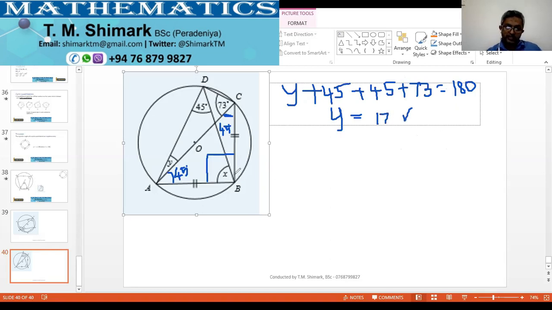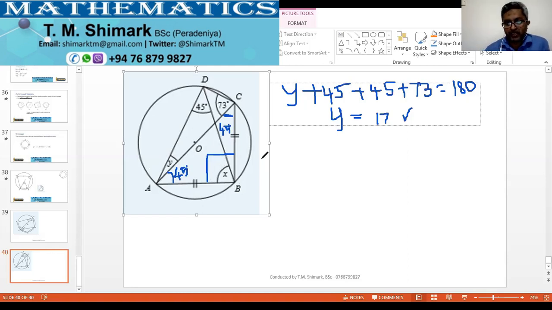Then x, how would you find out? The way out for x is what? ADB. ADB is a triangle, right? ADB is a triangle, which means we got y also now. This angle, you know. This angle, you know. So only x is what you don't know.